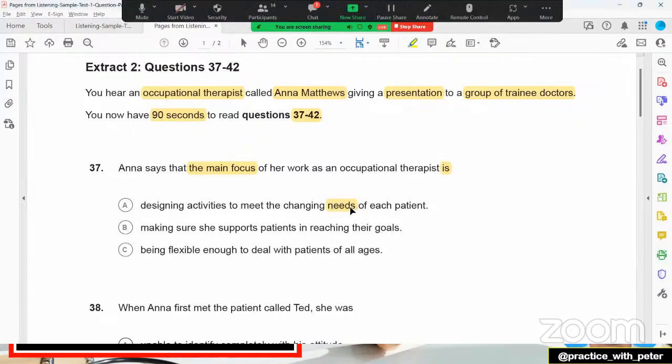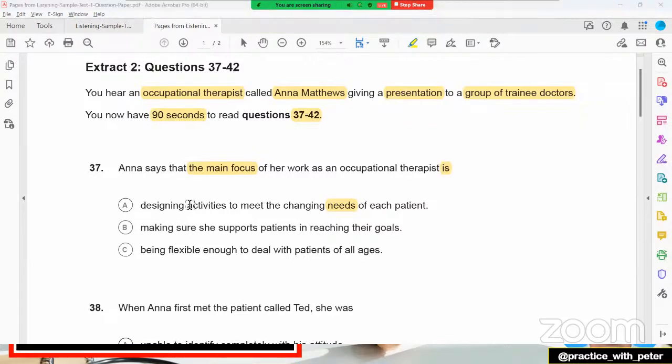So meeting the requirements of each and every individual patient. So designing activities based on needs. So the focus is designing activities to meet the needs of each patient.